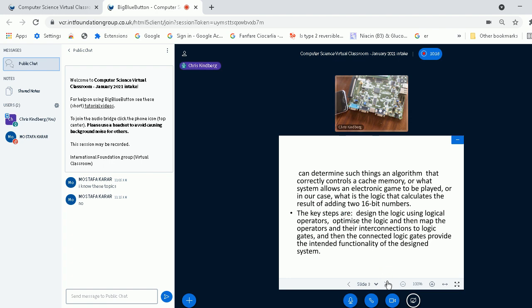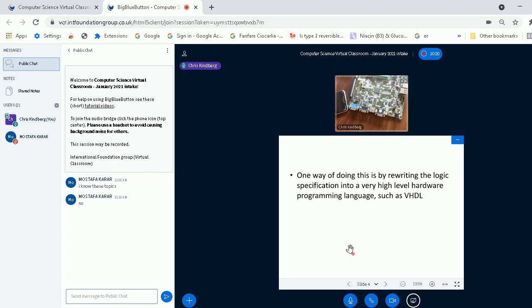So let's just carry on because we're still on the overview stage. So one way of doing this is by rewriting the logic specification, which you've done using Boolean logic, into a very high level hardware programming language, such as something called VHDL.